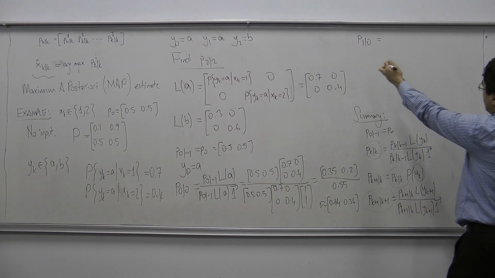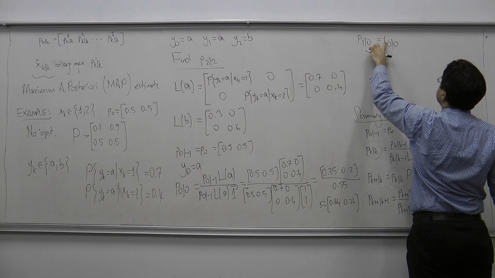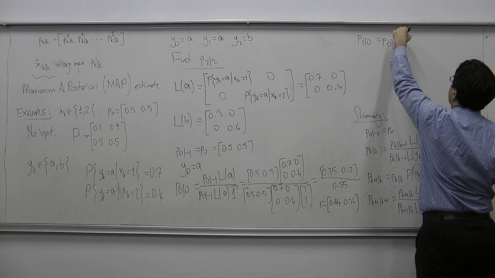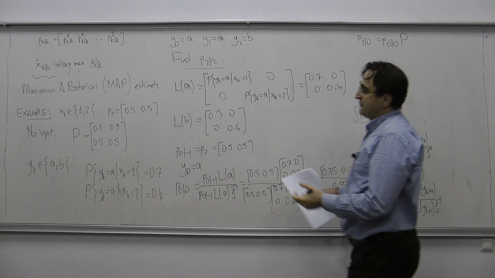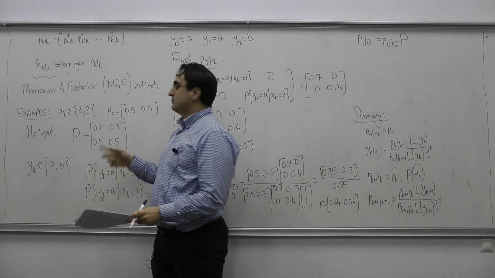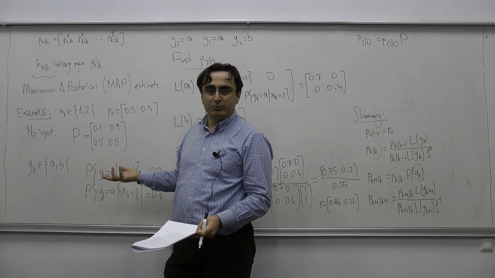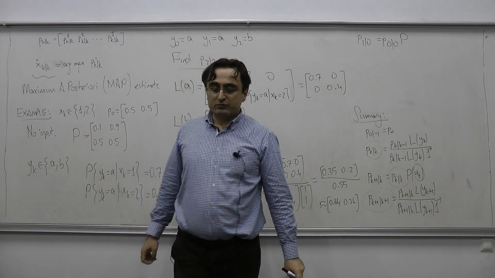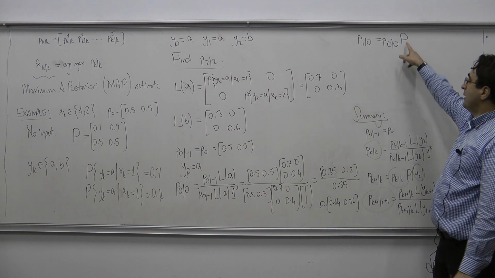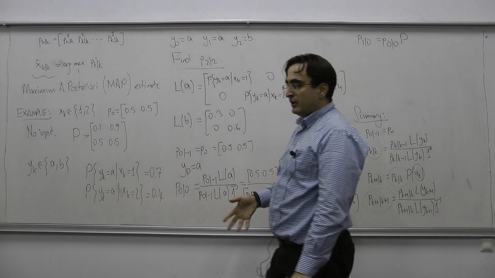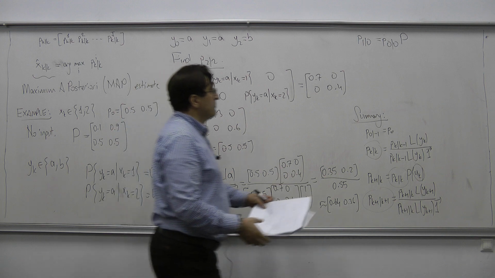In that case, P1 given 0 is the prediction formula: P0 given 0 times the transition probability matrix P. If there was an input, I would also have measured that input, and I would use the transition probability matrix corresponding to that input. But in this case, there is no input in our system. It transitions without any inputs.